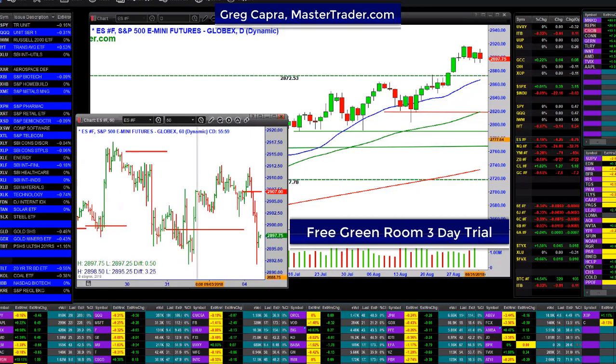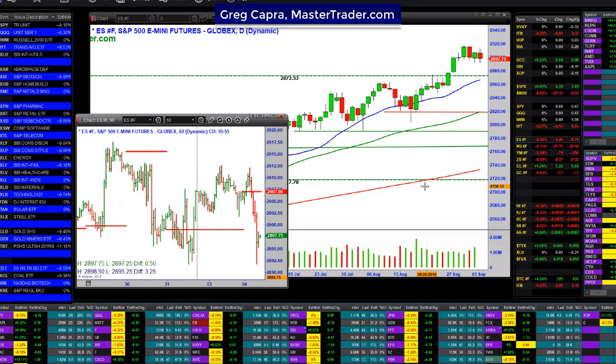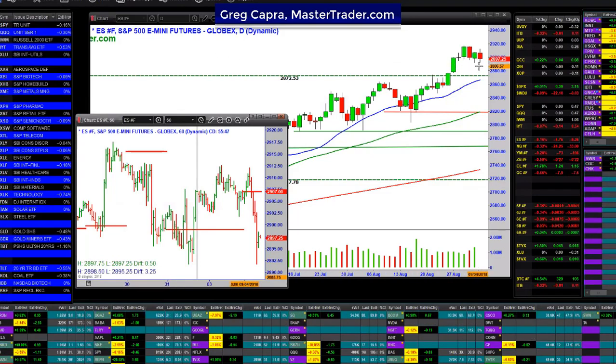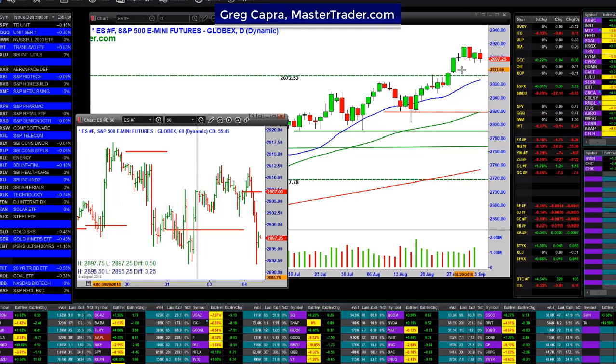So, all right. Markets look just fine to me. I'm looking at the futures and they're down a little bit. Looking at the chart, it looks like bullish consolidation within an uptrend. It doesn't look so much like that on the 60-minute chart, does it?